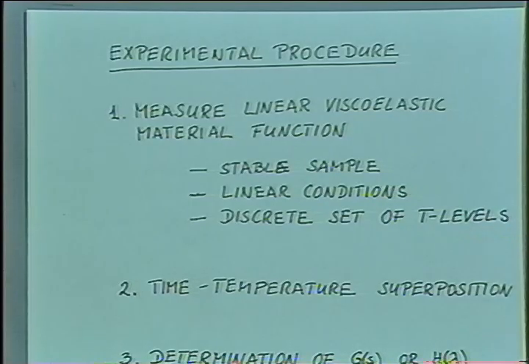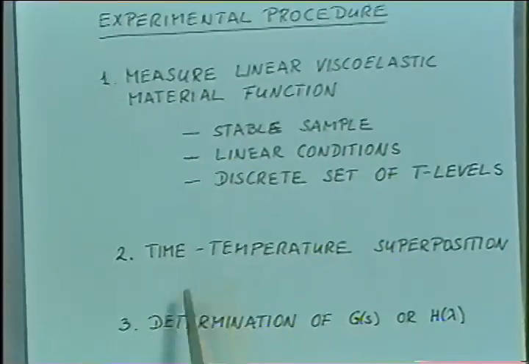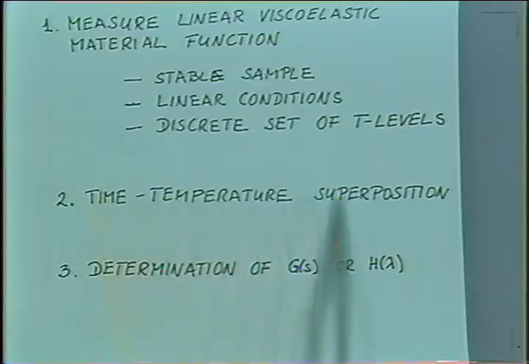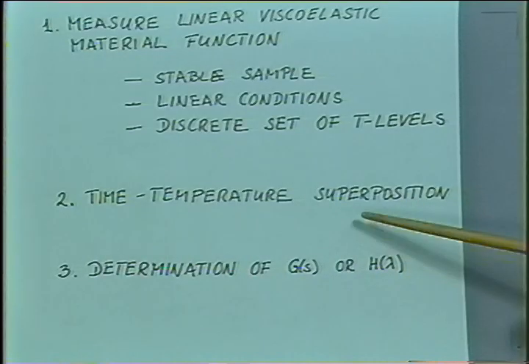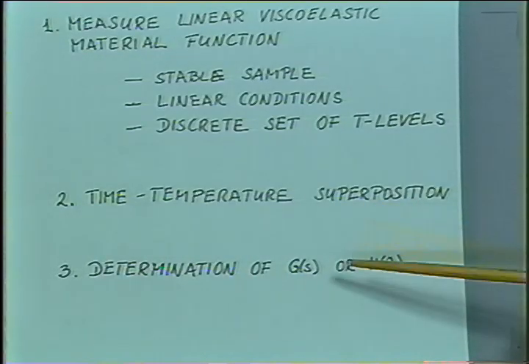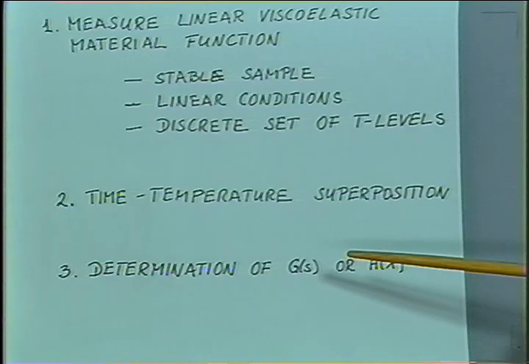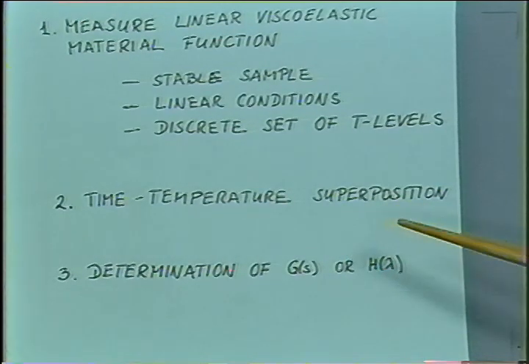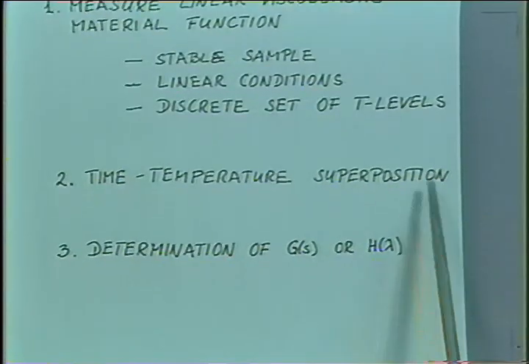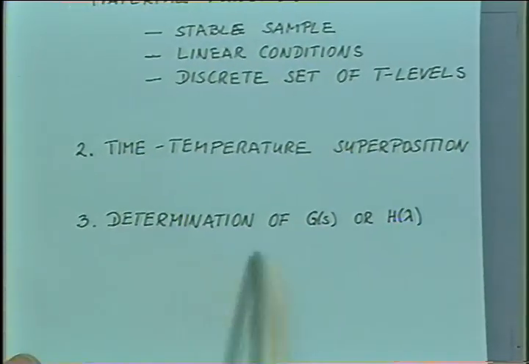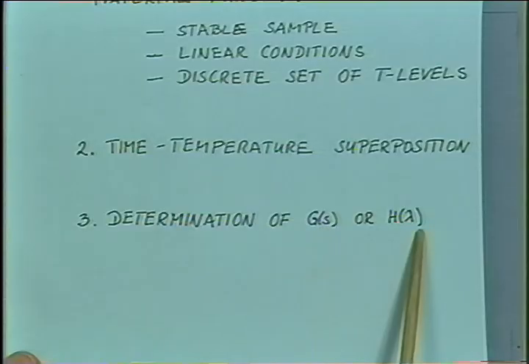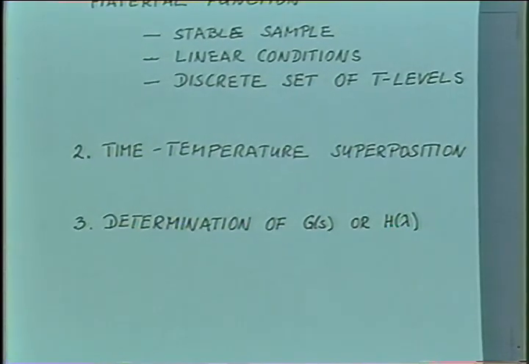We could shift data into each other. So the second step then would be time-temperature superposition. We would have to make sure that our sample doesn't undergo phase transition from going from one temperature to the other. So it has to be the same material. So this gives us the wider window. And from the data, we will determine the relaxation modulus and the spectrum. That's the general approach, independent of the material function which you are going to use.